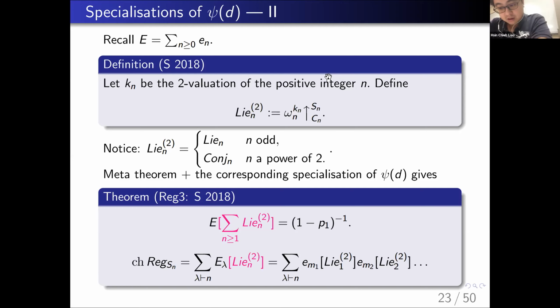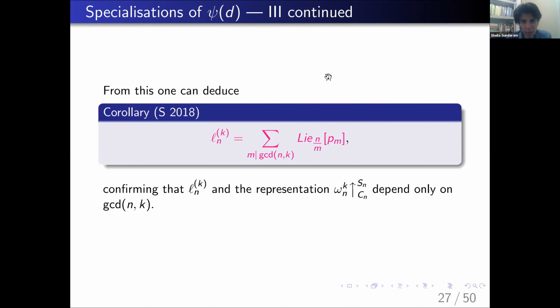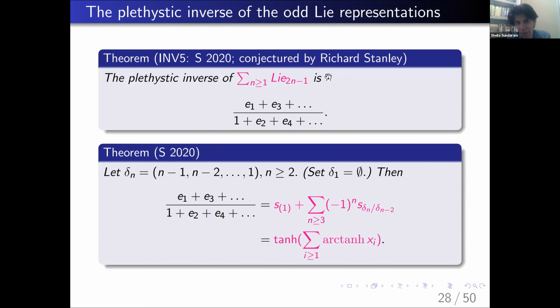Also, there's a theorem about the Plethystic inverse of the sum of all the 2n minus 1, right? You come up with this. But why? The terms are all odd. What happens if they're even?